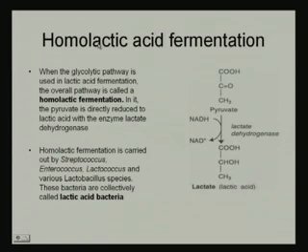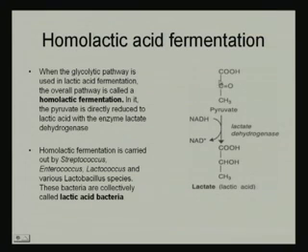In homolactic fermentation, when the glycolytic pathway is used in lactic acid fermentation, the overall pathway is called homolactic fermentation. In it, the pyruvate is directly reduced to lactic acid with the enzyme lactate dehydrogenase.